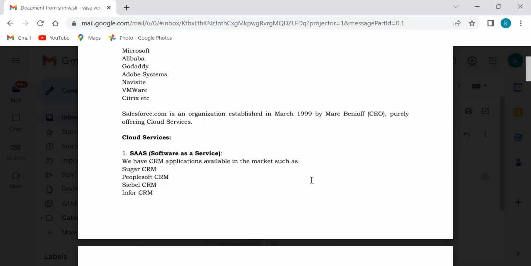As part of software as a service, Salesforce is providing a ready-made CRM application to automate the business processes inside our organization.